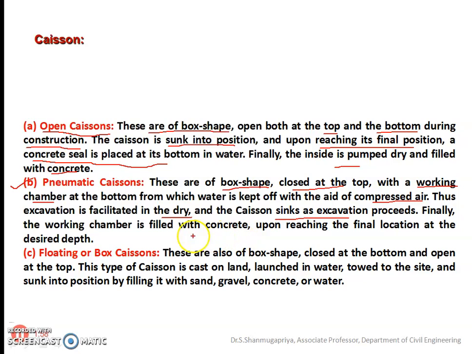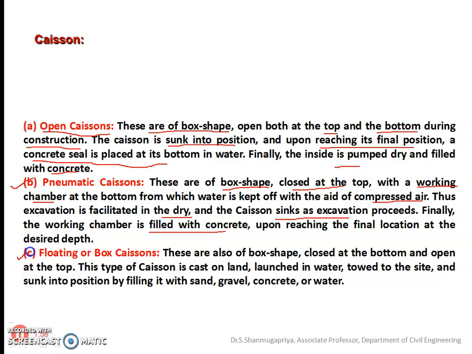Finally, upon reaching the desired depth, this working chamber is filled with concrete. In later slides, we'll understand the entire construction process clearly. Here I am just explaining briefly each type of caisson.